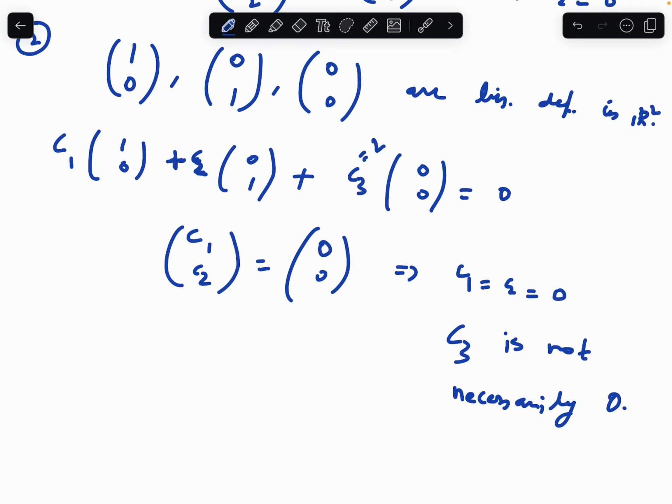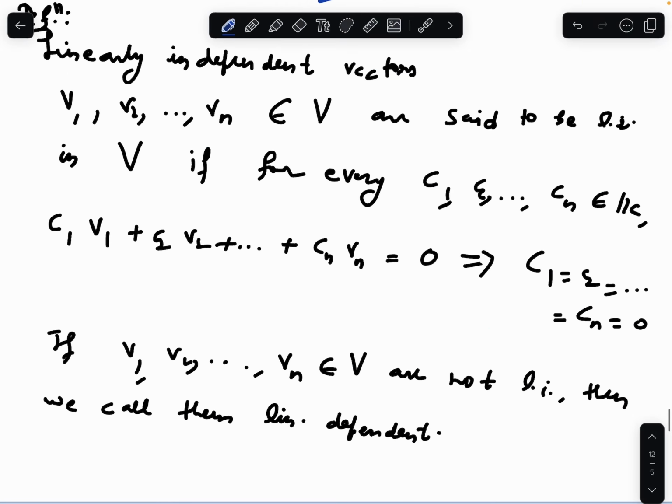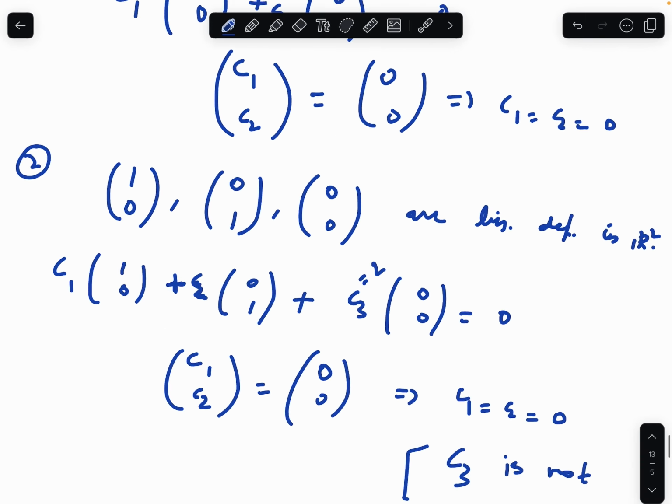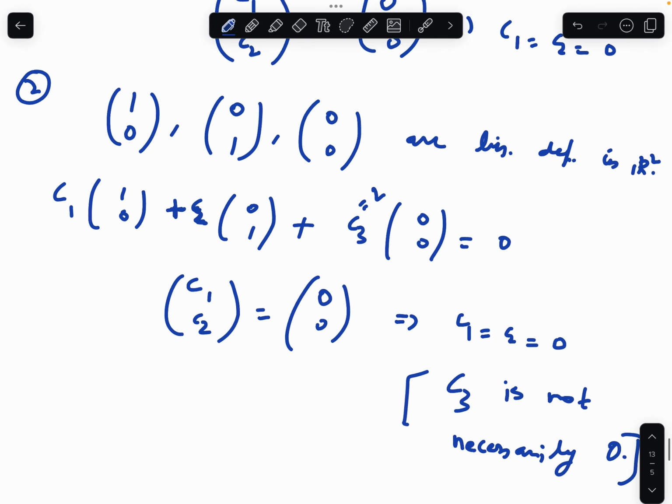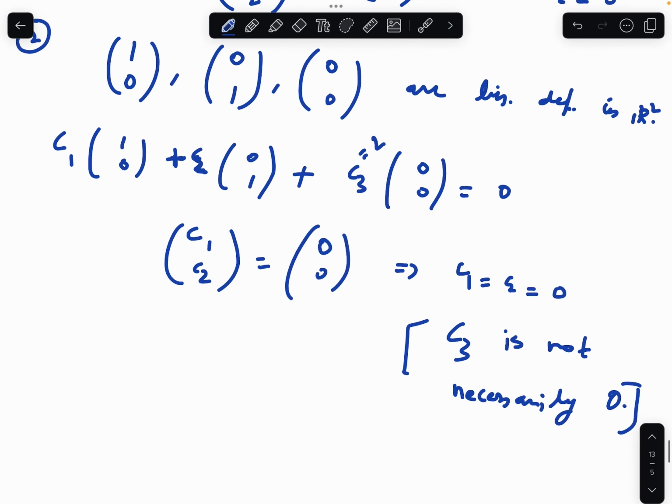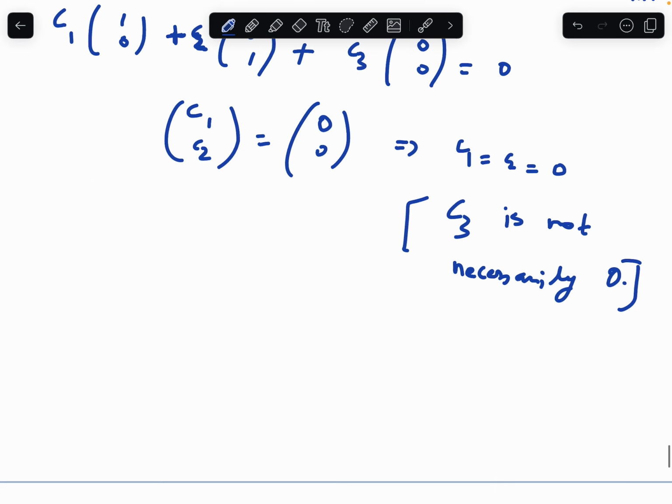So C3 may be non-zero, right? But what we want is that all have to be 0. None of them can be non-zero. Therefore, these are linearly dependent. Okay.